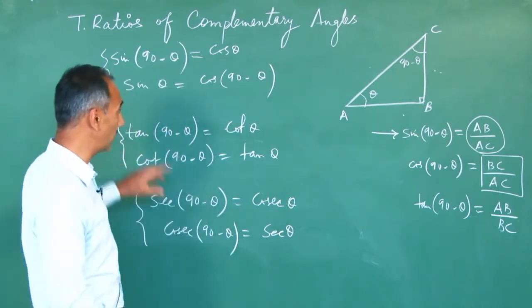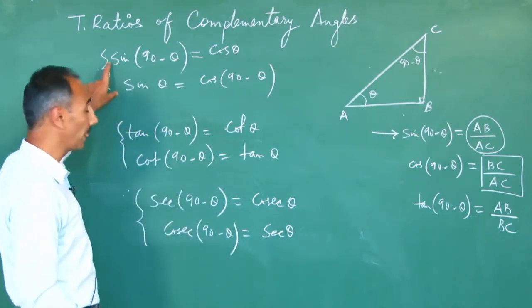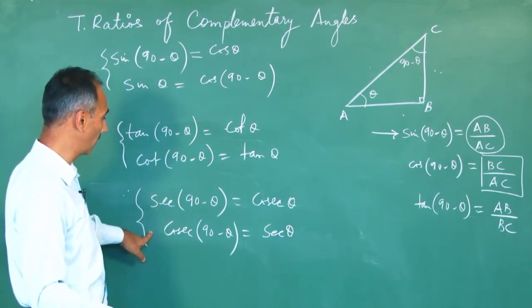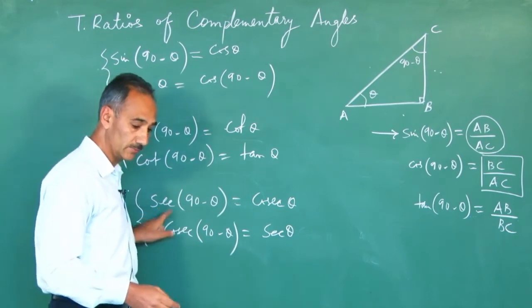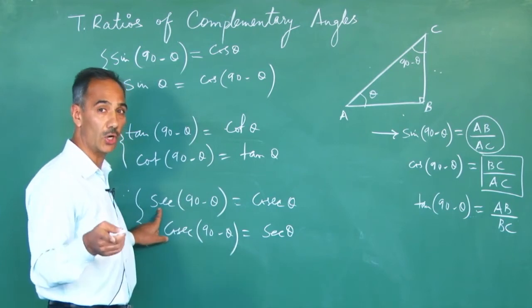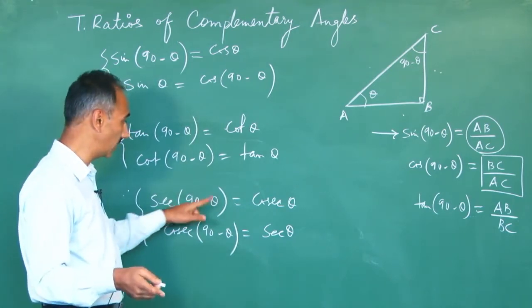But you need to remember, sine and cos have a relation. Tan is related with cot. Secant is related with cosec. But as far as reciprocal results are concerned, secant is related with cos. In this case, secant is related with cosec.